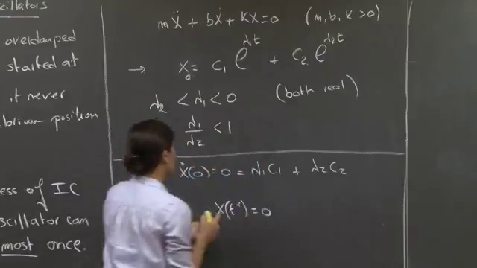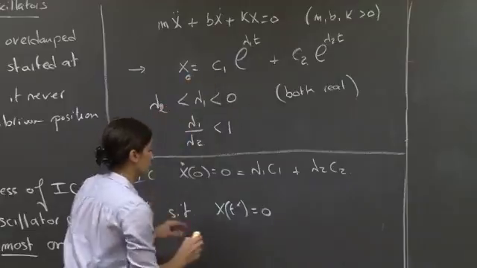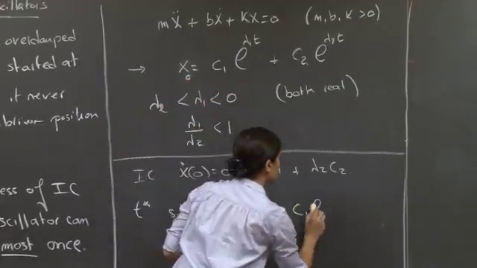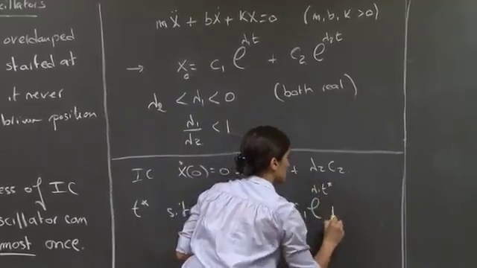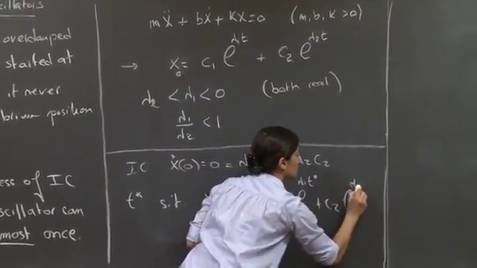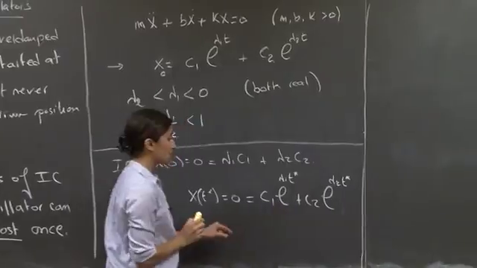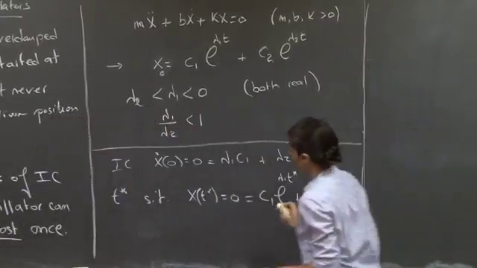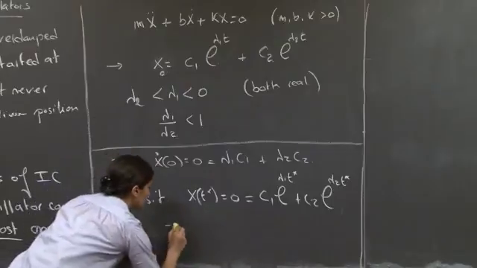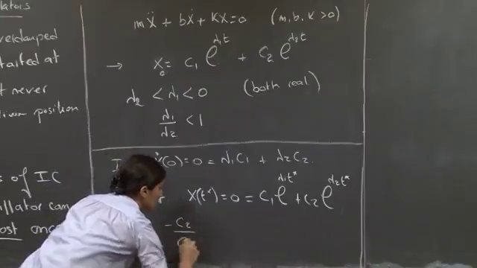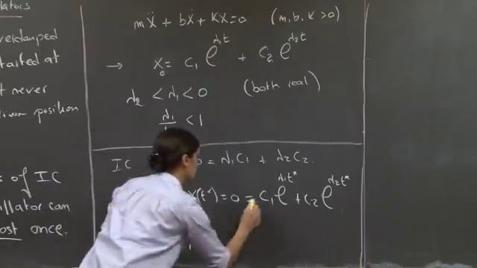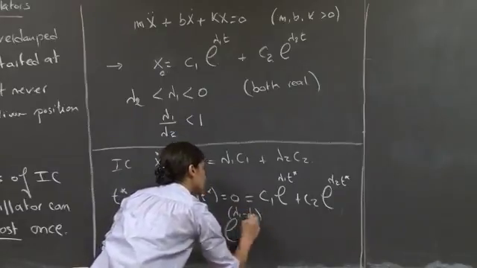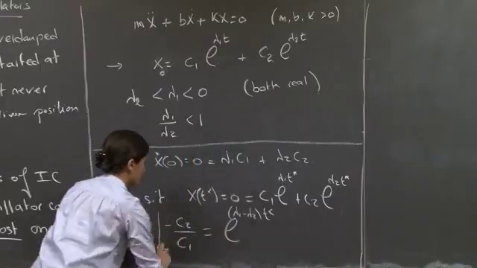So x of t star, we know its form already. We have the general form of x of t star. That's basically C1 exponential lambda 1 t star plus C2 exponential lambda 2 t star. And so we can massage this equation. I'm going to do this here. And so basically end up with minus C2 over C1 equal to exponential of lambda 1 minus lambda 2 times t star.